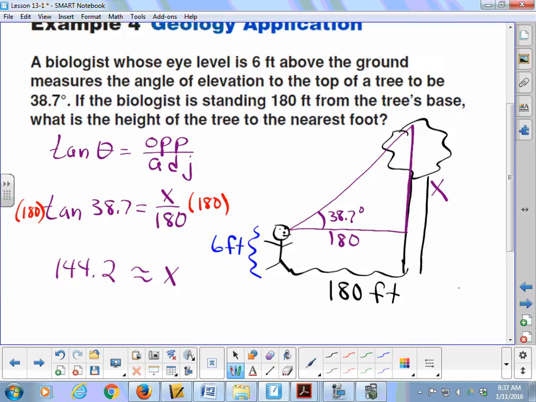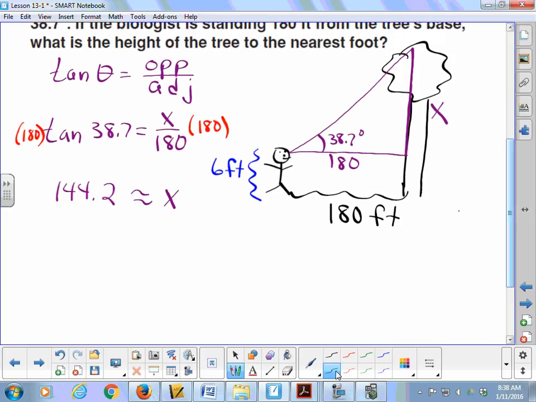All right, so let's go back to the question. The question is, what is the height of the tree to the nearest foot? And we still have to take what into account? The 6 feet. Okay. So the height is equal to 144 plus 6, or 150 feet.